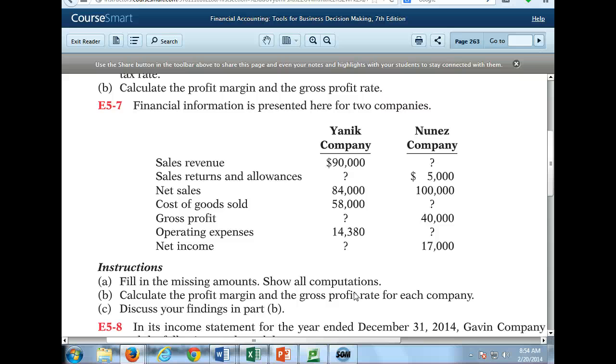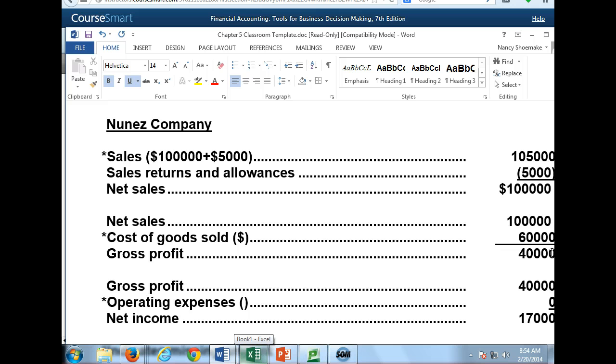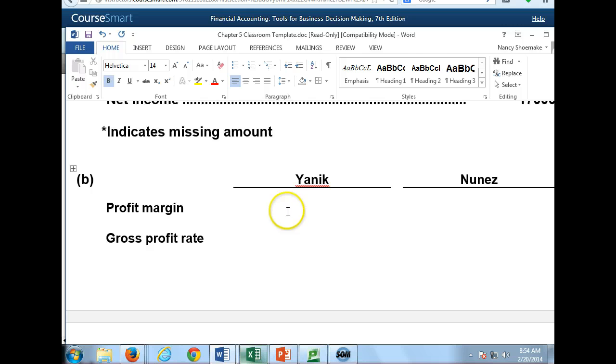Awesome. Okay. So let's calculate the profit margin and the gross profit rate for each company. If we go back here and go down, for the profit margin for Yannick, what's the net income? 11,620 divided by the net sales of 84,000 is going to equal 14%. But what's the gross profit rate?